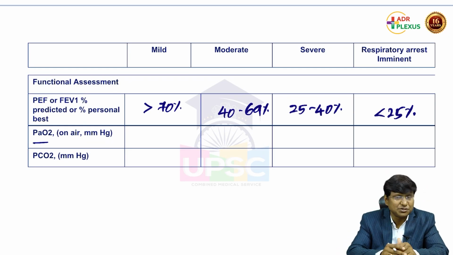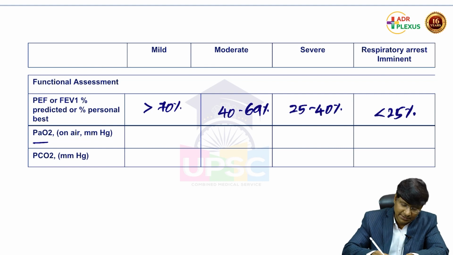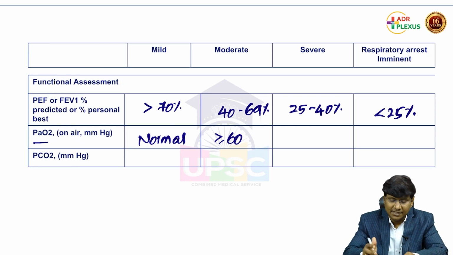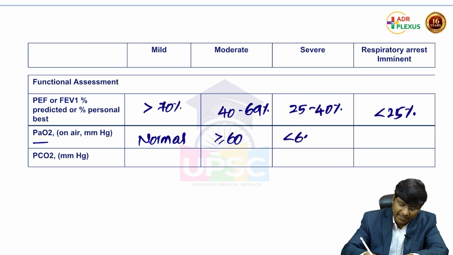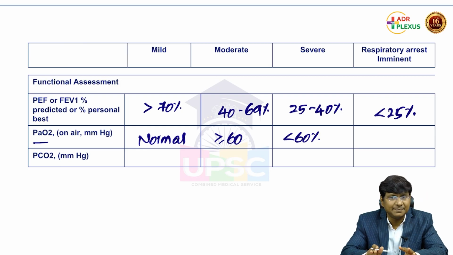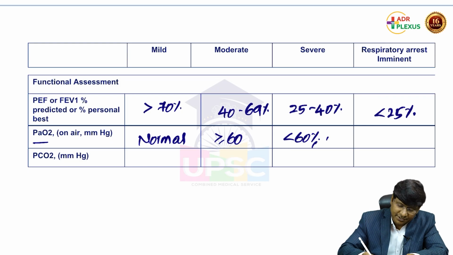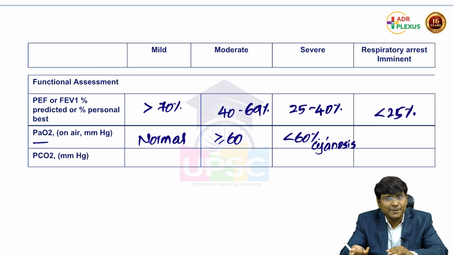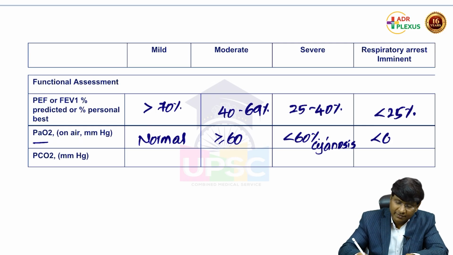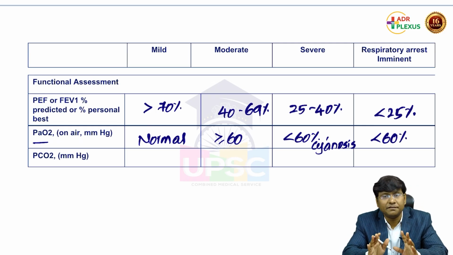And if you take the partial pressure of oxygen, in case of mild it will be more or less normal, whereas in moderate it will be more than 60%, right? And PaO2 in severe will be less than 60%, and usually these patients will develop cyanosis. Whereas in respiratory arrest, here also it will be less than 60% on room air.